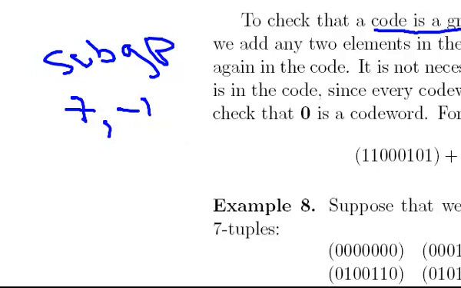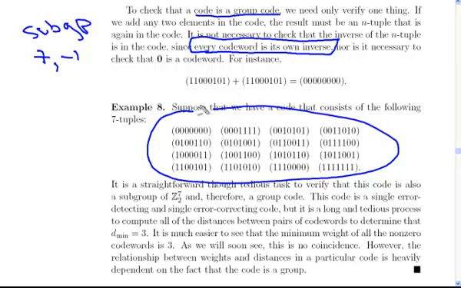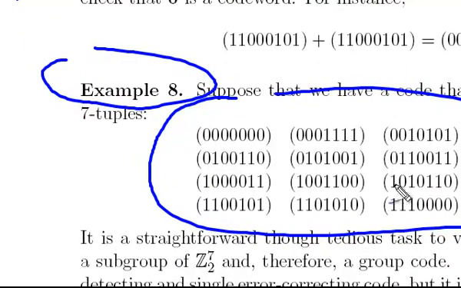One of the nice things about group codes is that every code word is its own inverse, and you can think about why that is. Try some examples and I think you'll see. So in order to have a group code, all you need to do is have a set of code words that is closed under addition. Now, for example, suppose we wanted to verify that this is a group code.